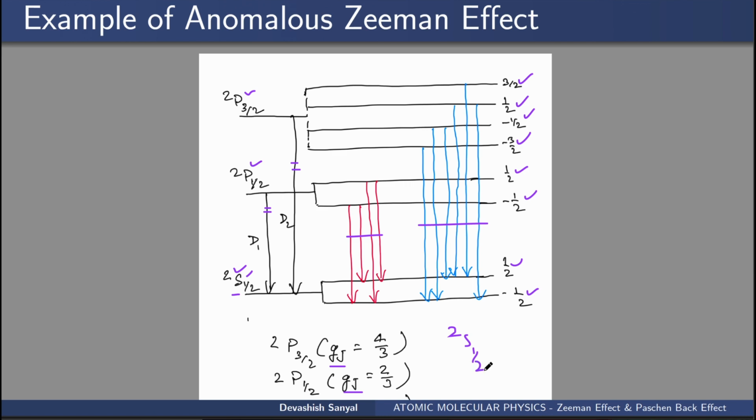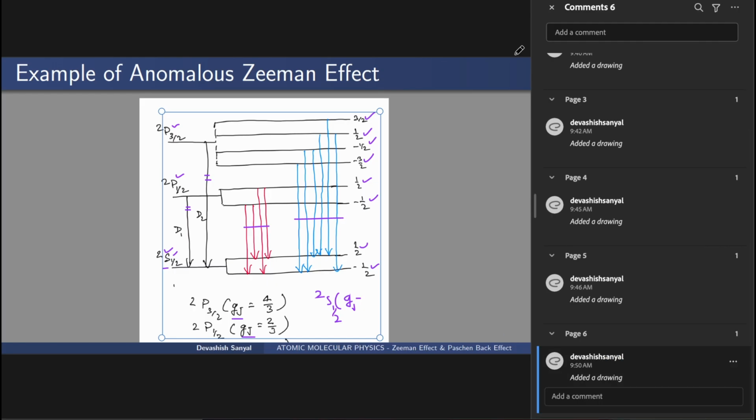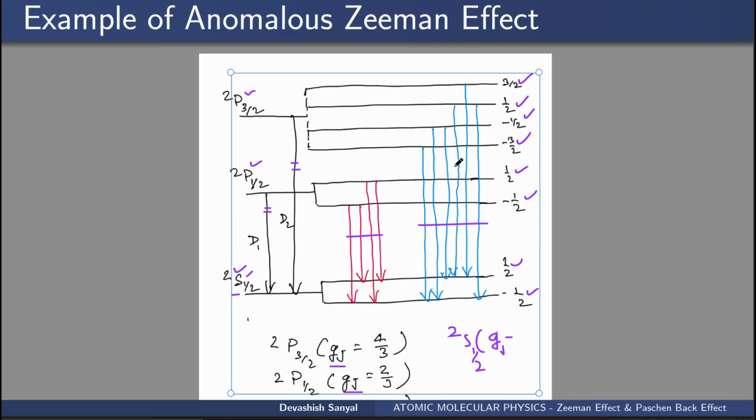This is a singlet state. If you want to find out exactly the wavelength of the transitions, you have to know the Landé factor.